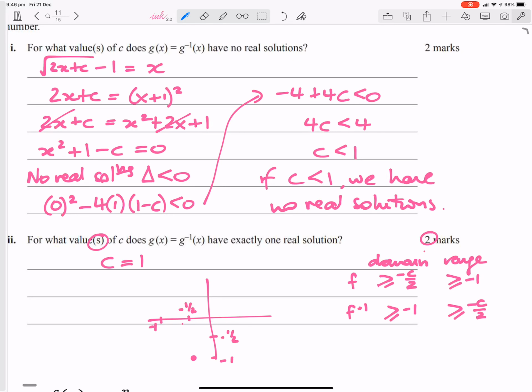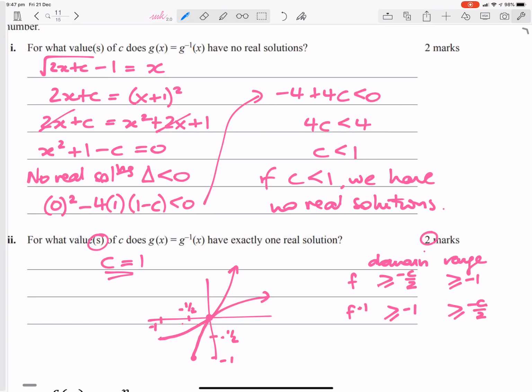It's going to look like that. And then if I put c equals 1 into this one, I would get negative a half, negative 1, which would give me a graph. So that's why, in this case, they intersect once when c equals 1.